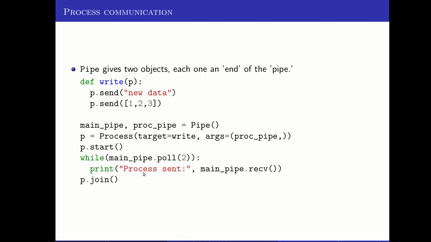While the pipe has information, then it will get that information from the sub-process and it will print out whatever is received. So you've got send and receive. Both of them could send and receive, but in this example, I'm only using the main pipe to receive and the sub-process's pipe to send. So I could send information back and forth across that pipe if I wanted to.